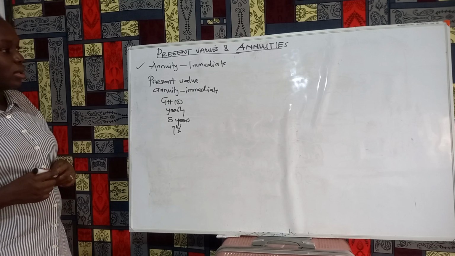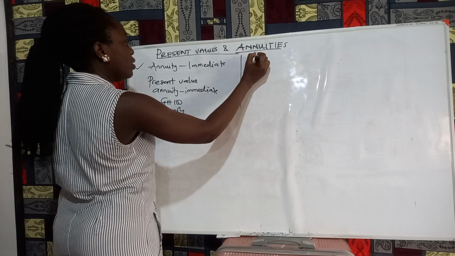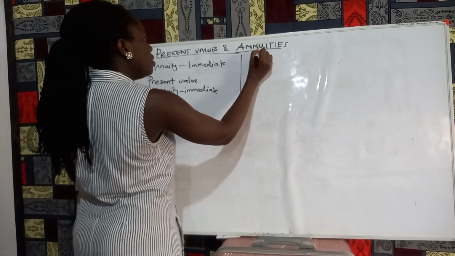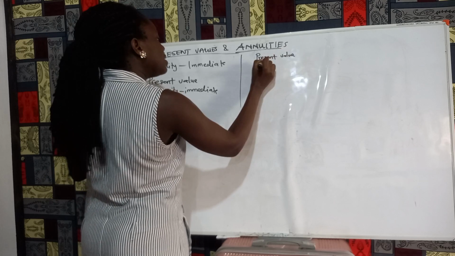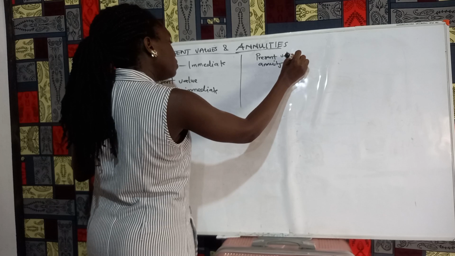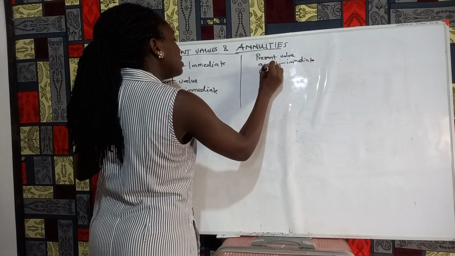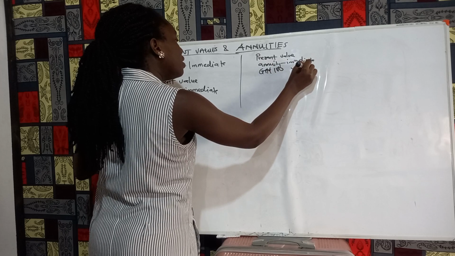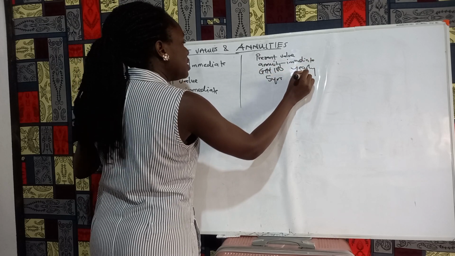Let me list out these things on the side here so we can use the space to find our present value. So we are finding present value, annuity immediate, amount involved 100 cedis yearly, 5 years, 9% interest rate.